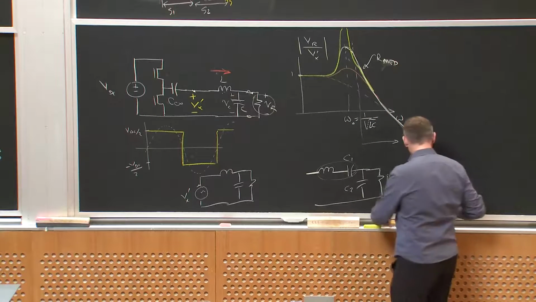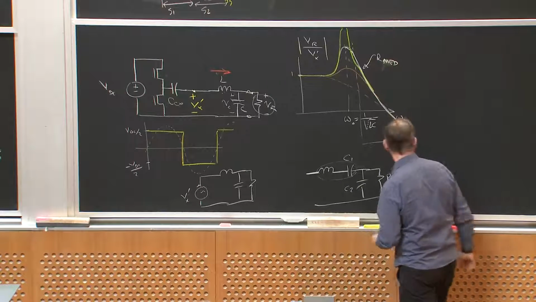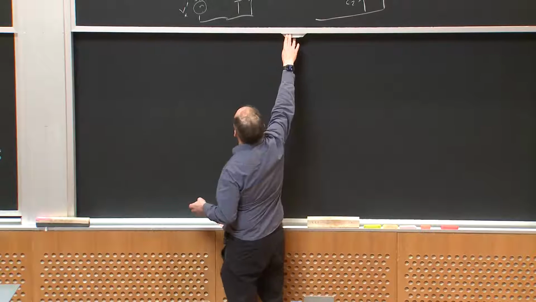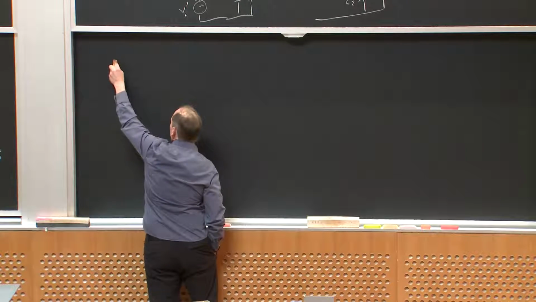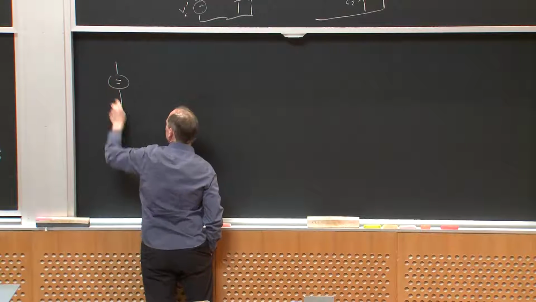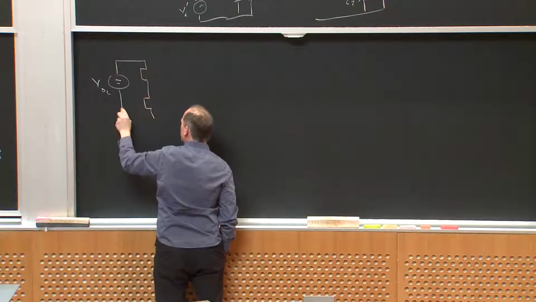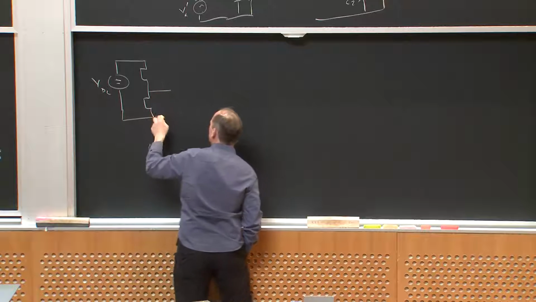Okay? So maybe I take this thing and I say, let's build a converter, and this is going to be soft switched, which is one of the reasons why I'm doing it.